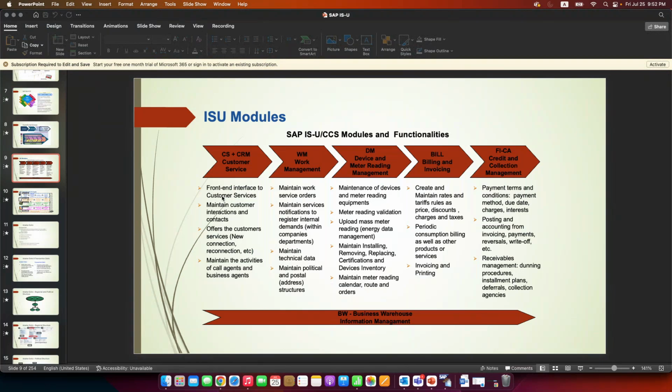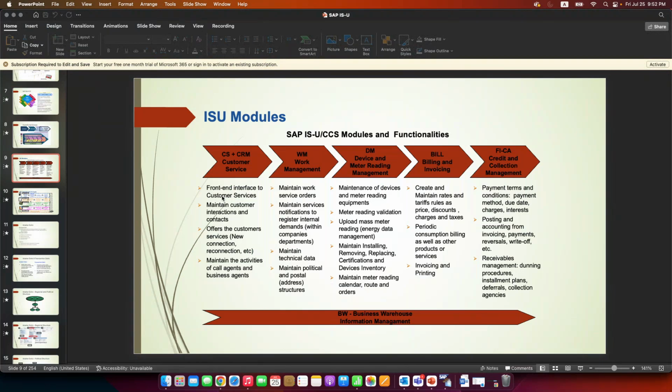So as part of your customer services, you will be handling business processes like move in, move out, moving out business partner, moving out premise, and temporary disconnections, temporary reconnections.